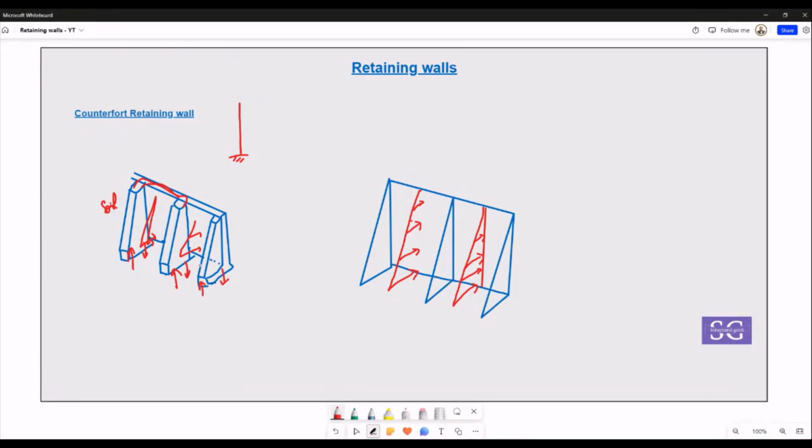In this case, the retaining wall at the base need not be fixed, because even a pinned connection here can help. This pinned connection will give you a push-pull effect and you will be able to stabilize the forces we are getting, right? This is essentially the type.